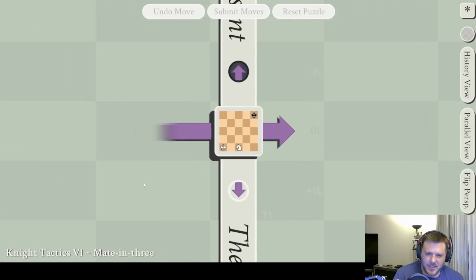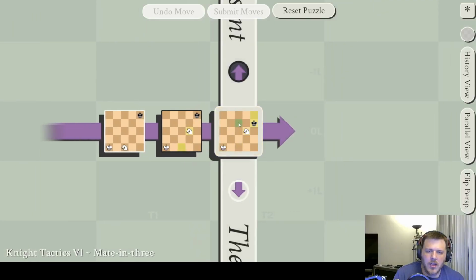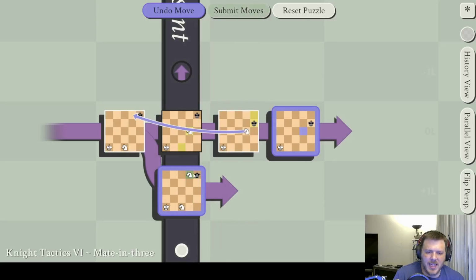Okay, I'm not understanding what to do here. Alright, so let's put him in check. So he has to move here or here. He moves there. This is where they protect each other.